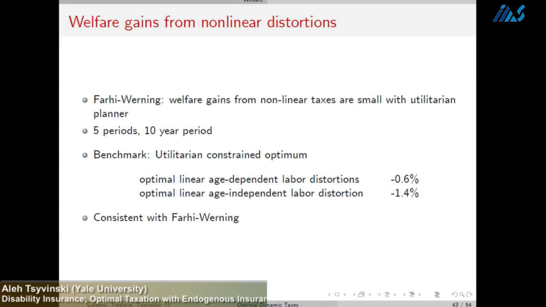If I have age-independent labor distortion, I get 1.4%. This is consistent with and confirms the results of Farhi and Werning.